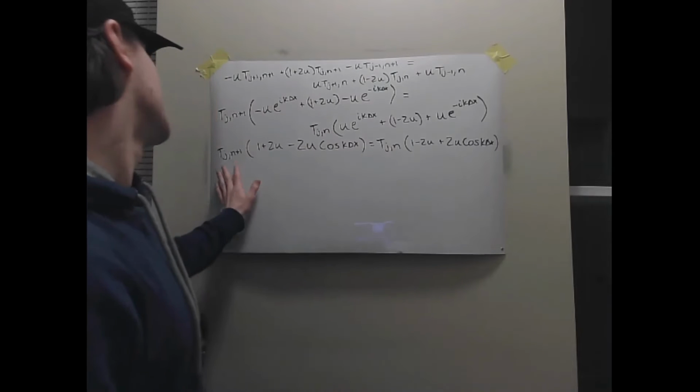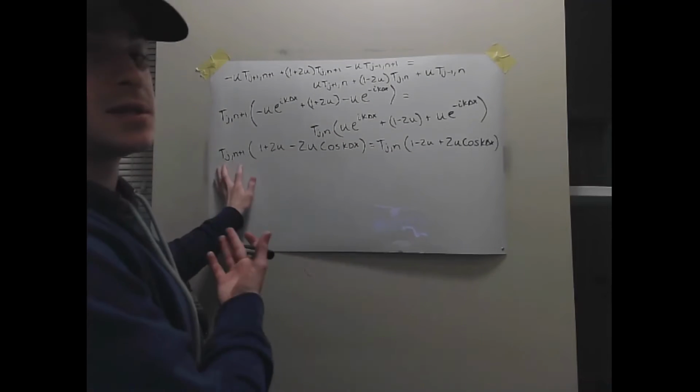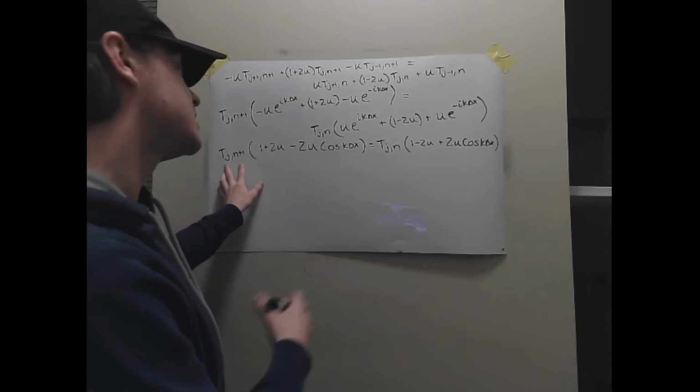And so from here, I want to isolate this term because that was the term we were looking for in the problem. It's the temperature at J at the next time increment.